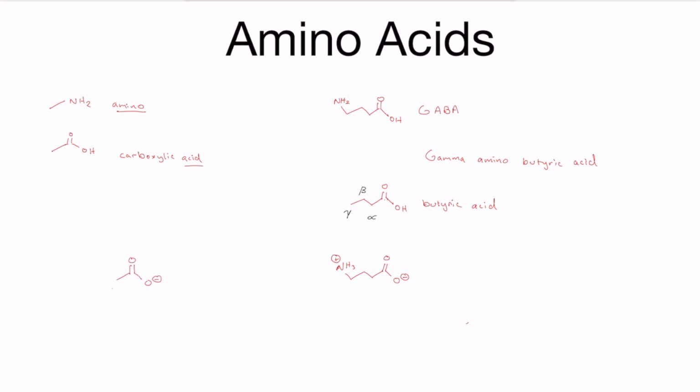So on here, this is the alpha carbon, and you attach an amino group. They all have one H attached to this alpha carbon, and then they have a variable chain R group. They're differentiated by that variable chain R group.